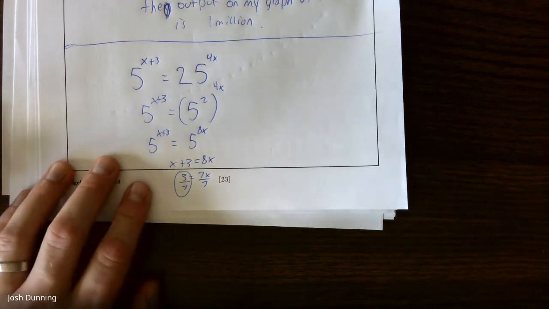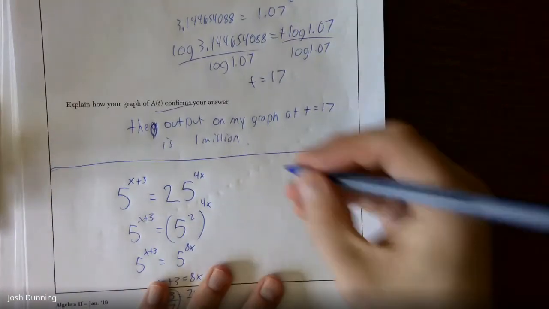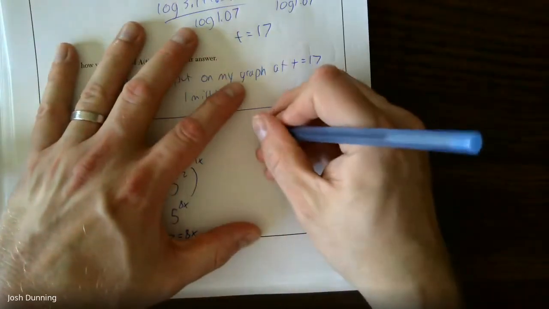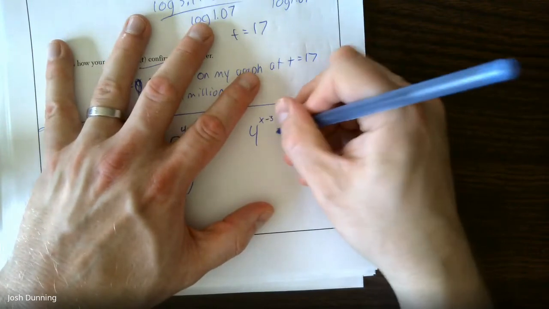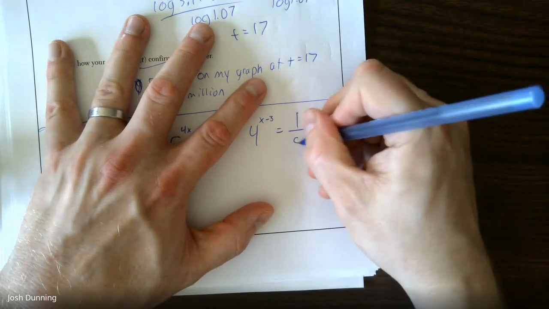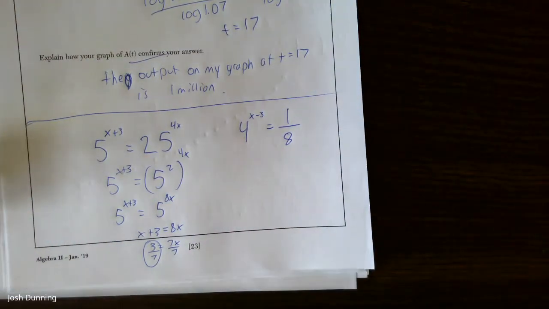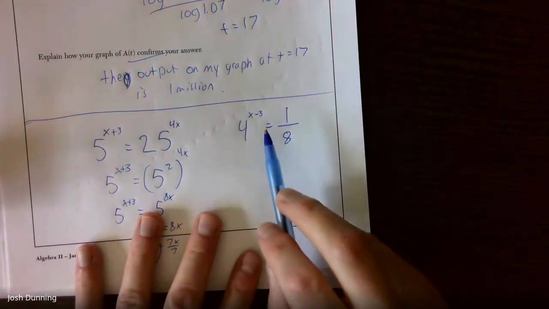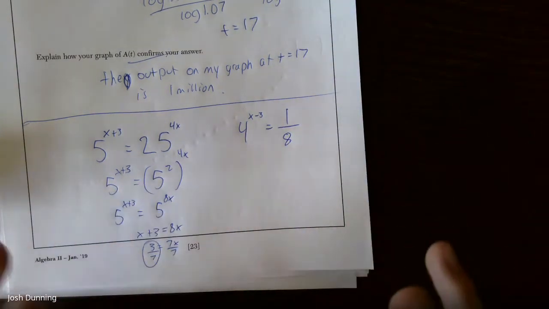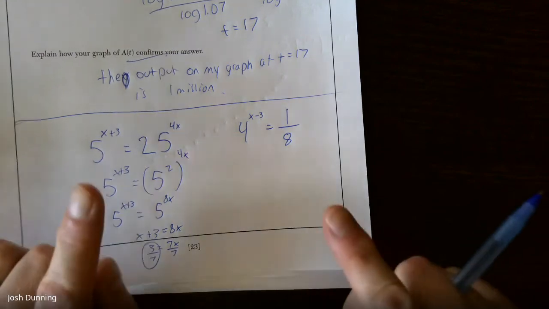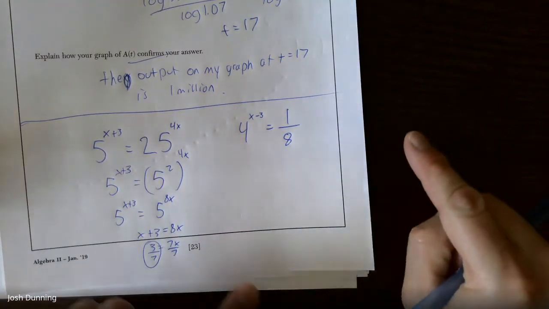I mean, they can do one like this. They could do one. Now be careful on this one. Be careful. 8 is not 4 squared. 4 times 4 is 16. 4 times 2 is 8.